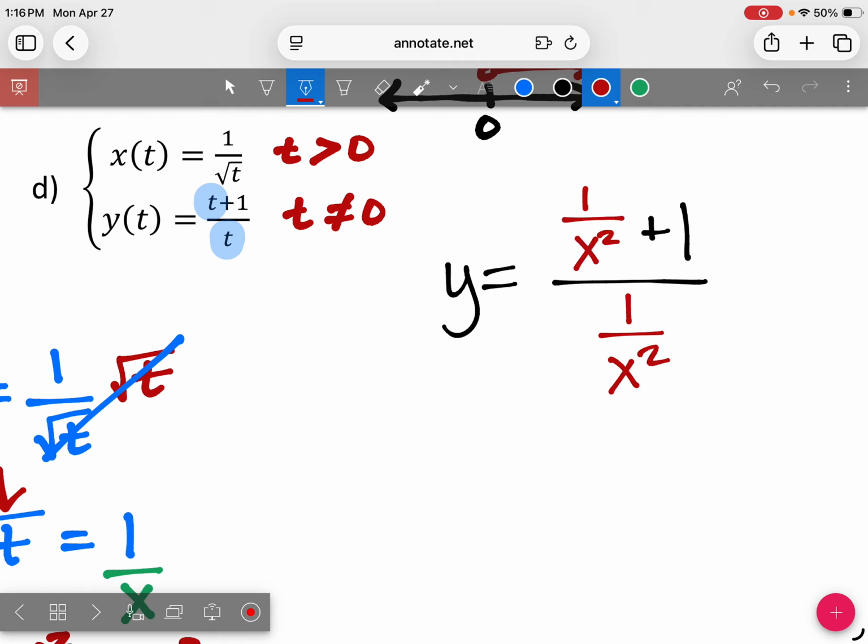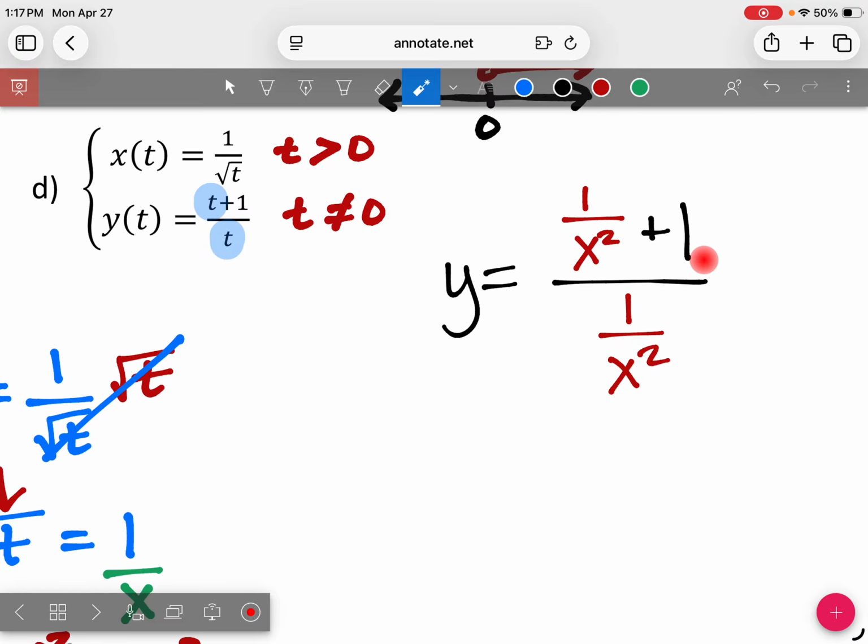Okay. What do you have to have in order to add fractions? A common denominator. So what is my denominator? X squared. So I'm going to rewrite this as x squared over x squared.